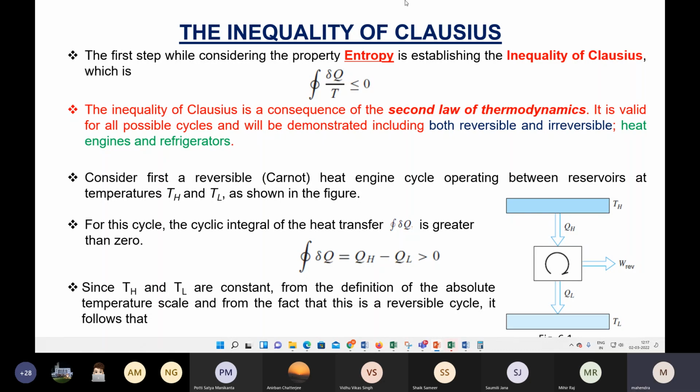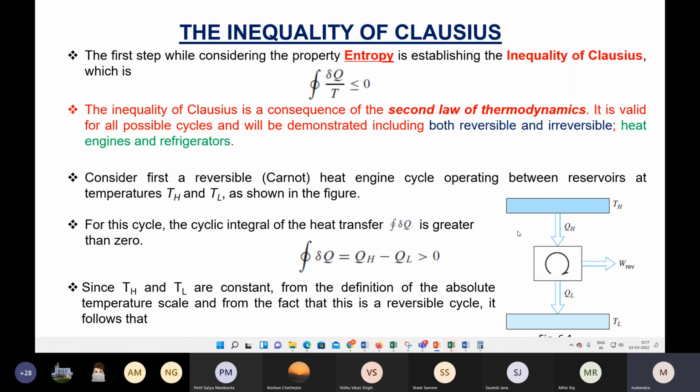Now let us see. By defining dQ by T as the entropy, it is also defined for the case of engines. This is the engine, right? What is the engine? It is taking heat from the high thermal reservoir and rejecting it to the low thermal reservoir, and through that a certain amount of work comes out of the system.